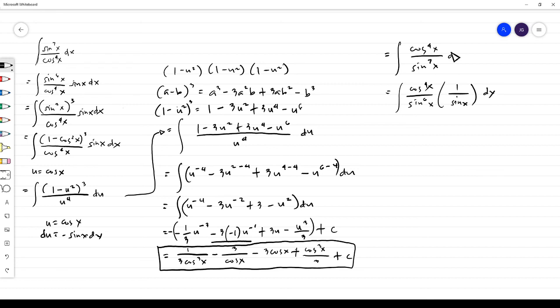So if we multiply back 1 over sine x, it will also give us the original equation. So in this case, the stripped out sine remains in the denominator and it won't do us any good for the substitution of u equal to cos x.